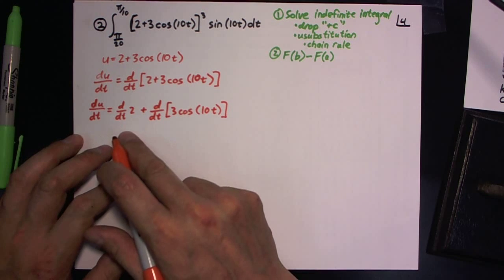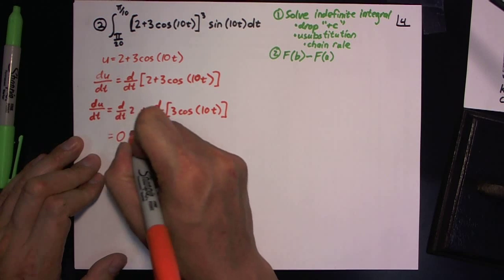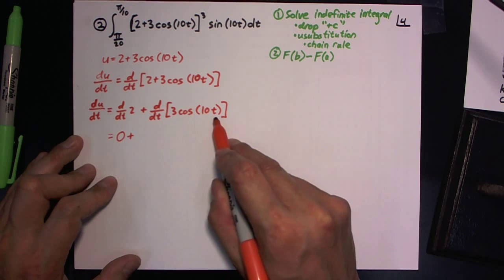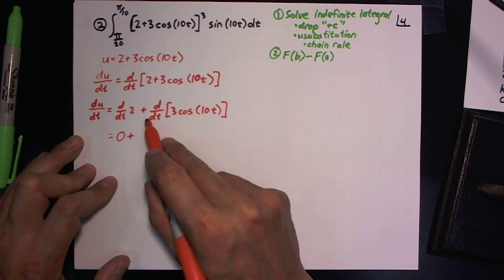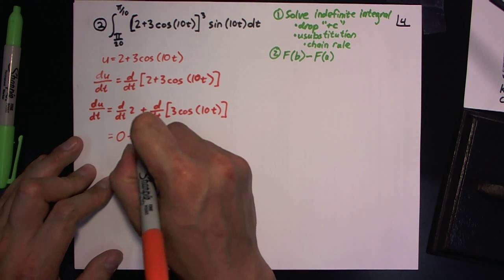Alright, derivative of a constant is 0. And in this second term of the derivative, we can at least take the constant and move it outside of the derivative symbol.